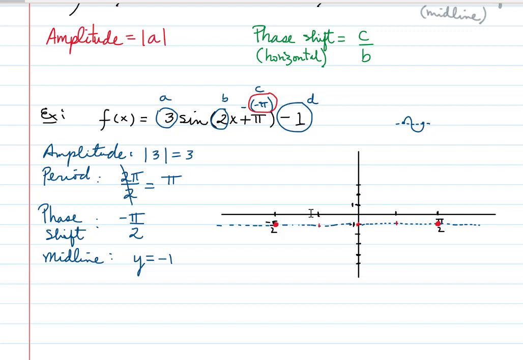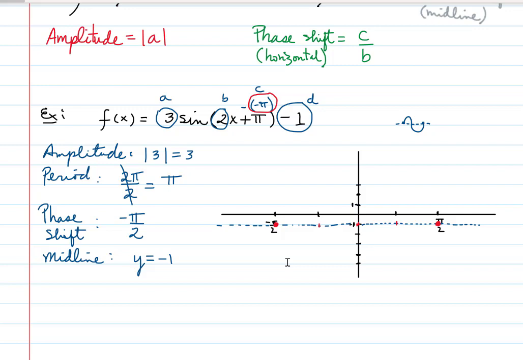You don't need to label those, as long as we graph this as symmetrically as possible. So this is negative pi fourths, and this is pi fourths, right? The point is to just have 4 equal subintervals, so that we'll know where to turn to make it as accurate and smooth as possible.